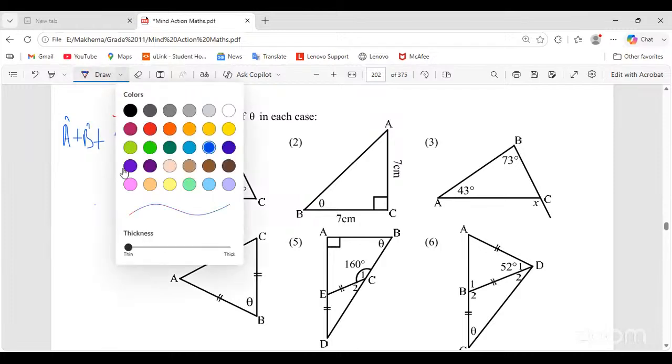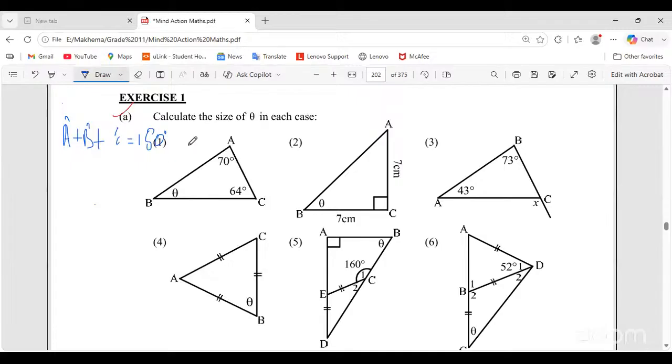What is the reason behind this statement? It is because interior angles of a triangle are supplementary. What do we mean by supplementary? Supplementary means they add up to 180 degrees. Sometimes when you go through this mathematical book, you see the word complementary.